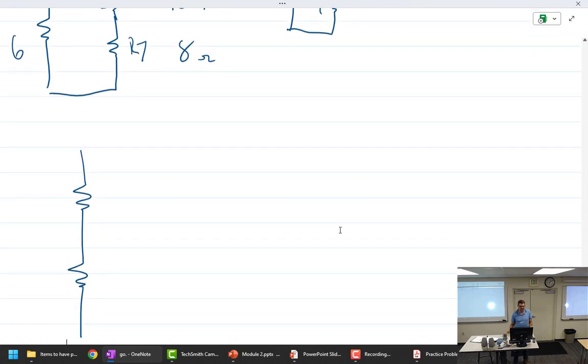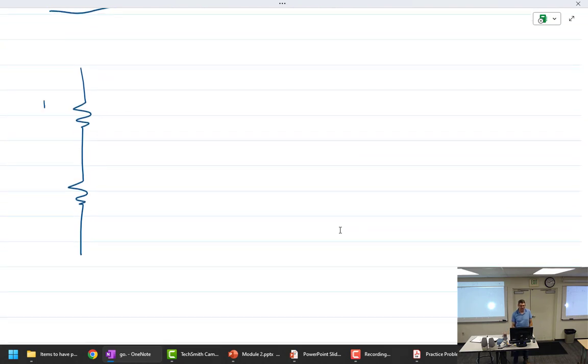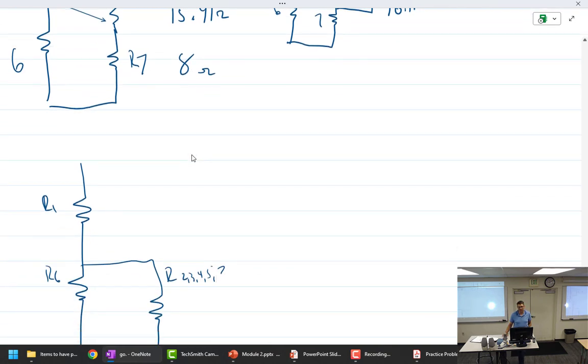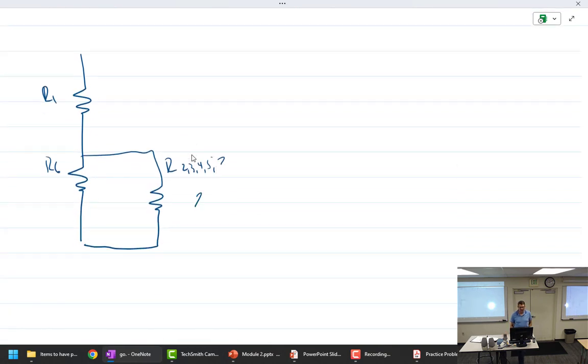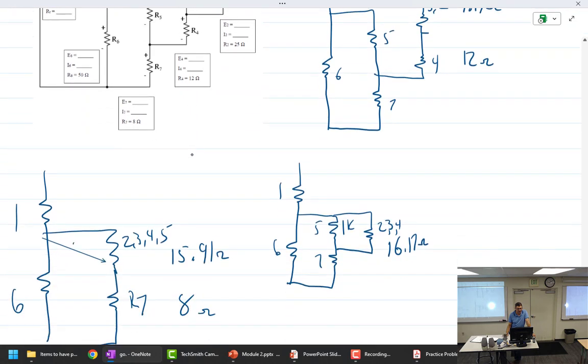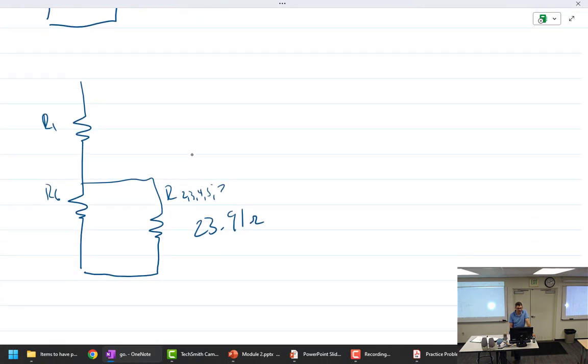Everything else is 2, 3, 4, 5, and 7. It's 15.91 ohms in series with 8, so it is 23.91 ohms in parallel with R6, which is 50 ohms.